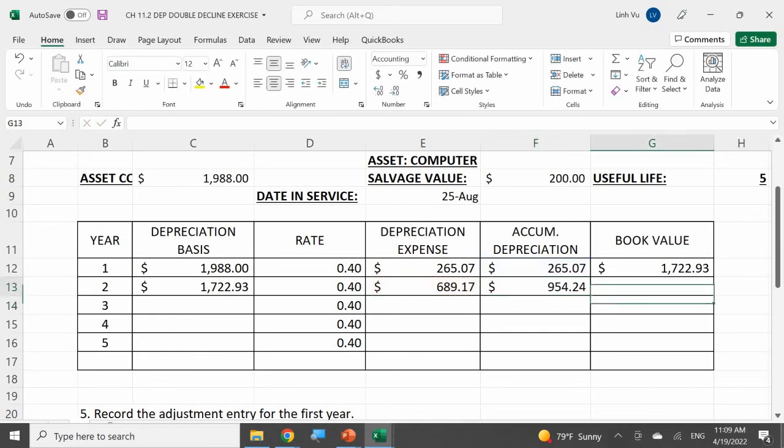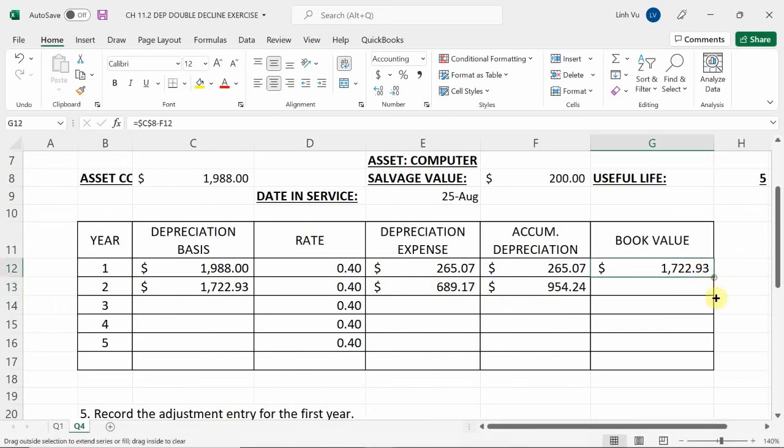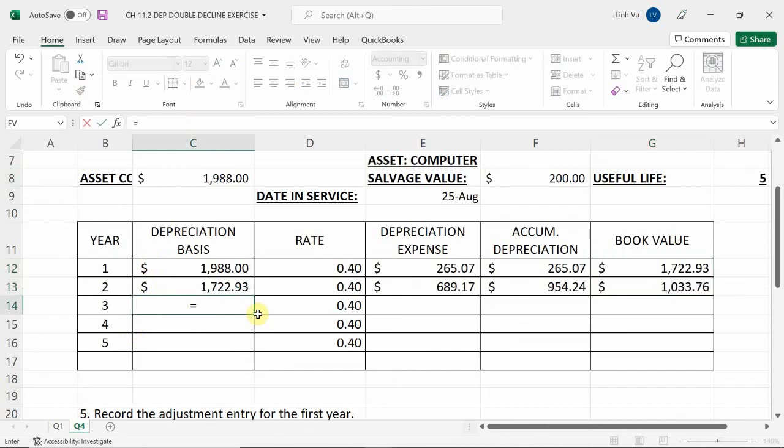954.24. 954.24, which will give me a book value of 1,033.76. Good, which will carry on to the next year.